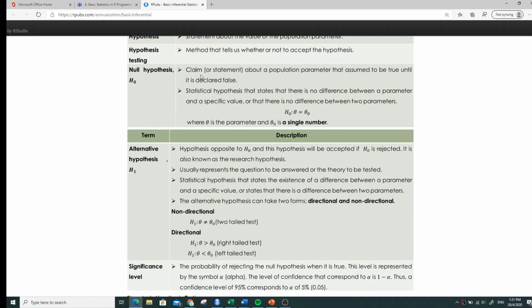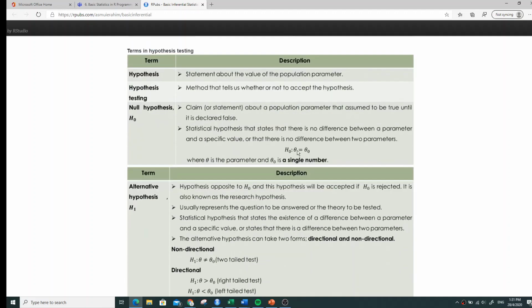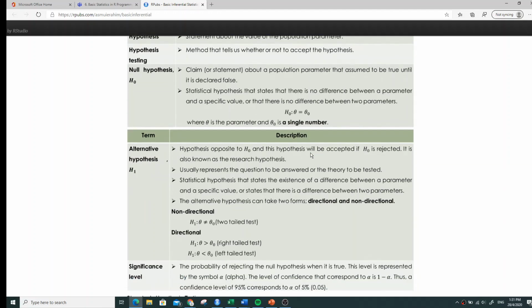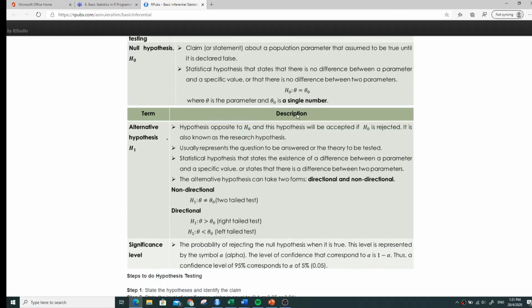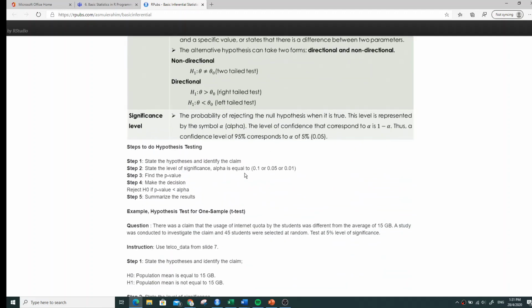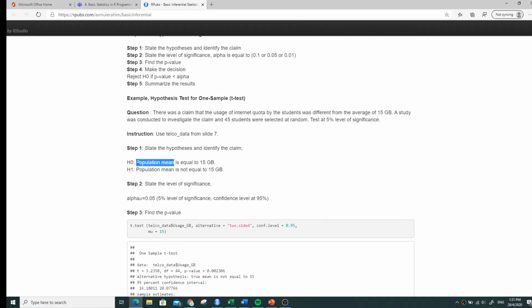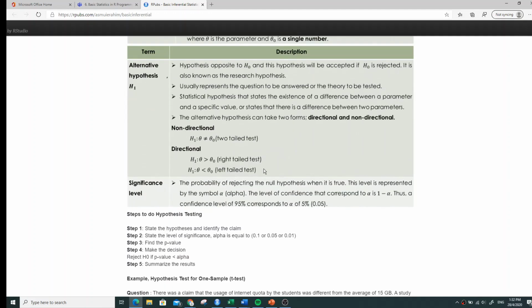For this purpose, we will use the equal sign for all null hypotheses. We say that the parameter is equal to the parameter that we choose. Remember, what we try to hypothesize is the population parameter. That's why the symbol is mu, the population mean. So be very careful.